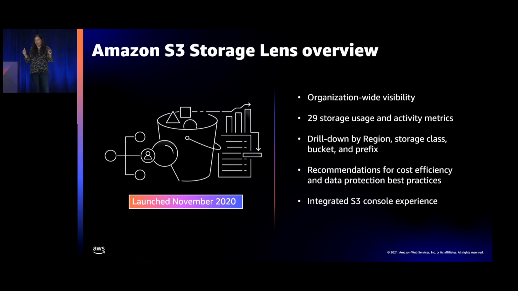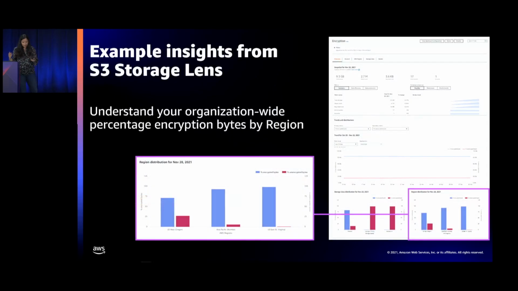And finally, recommendations are the icing on the cake that help you flag outlier data points or take action against a particular metric. All these things combined will help you discover anomalies, identify cost efficiencies, and apply data protection best practices across your accounts.